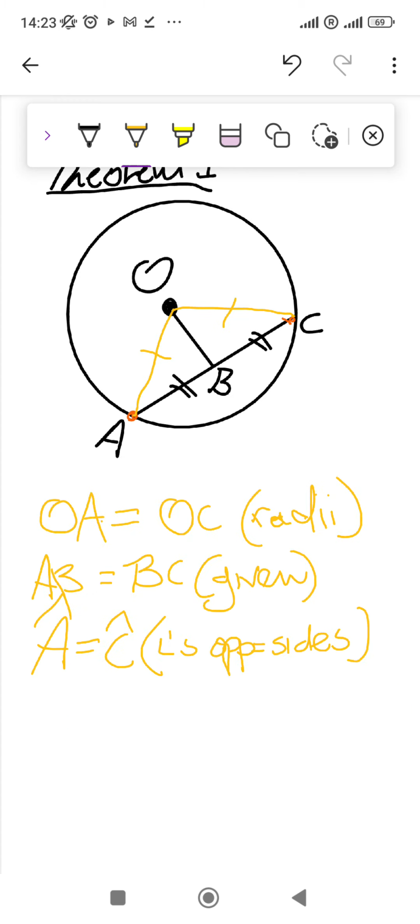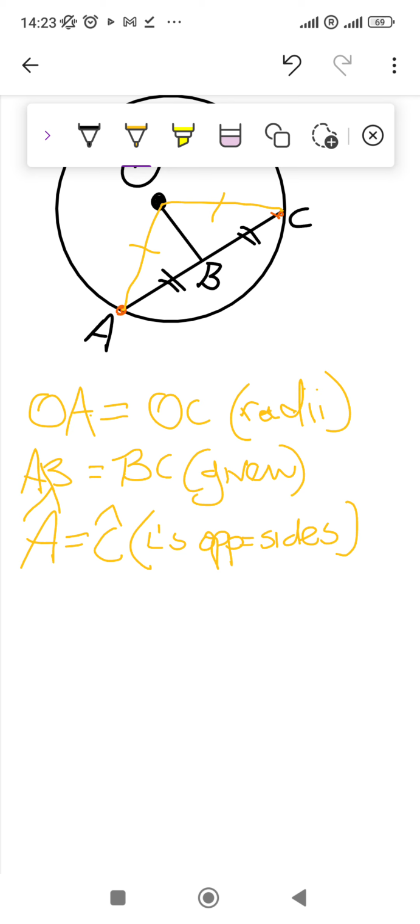And now we have these three statements. This is a side, this is a side, this is an angle. Let's highlight it quickly. We are looking at that side, this side and this angle. That angle is in between. This angle here is in between the two sides that we have. So we can use side, angle, side as our reason for congruency.